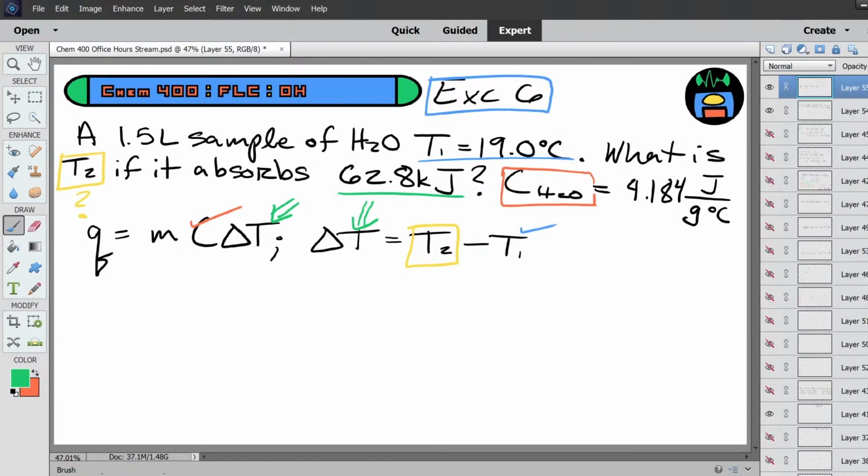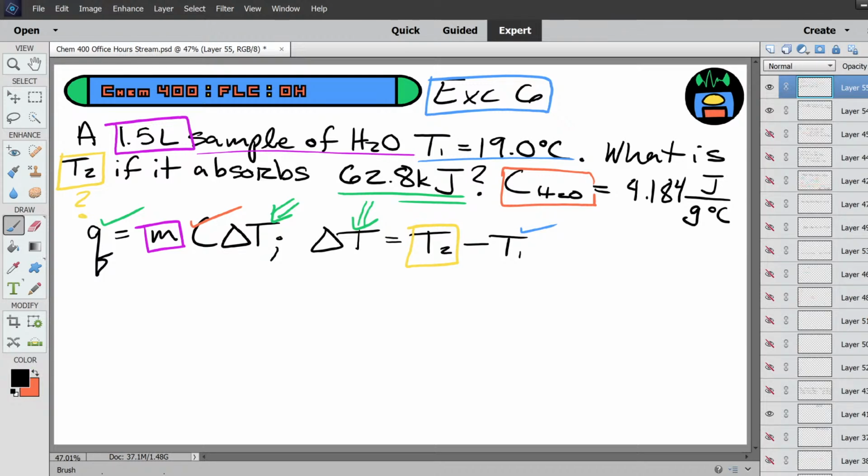Turns out we do know the change in thermal energy, but we don't quite have the mass. We have something close to it. We don't have the mass, but we do know the volume of H2O.